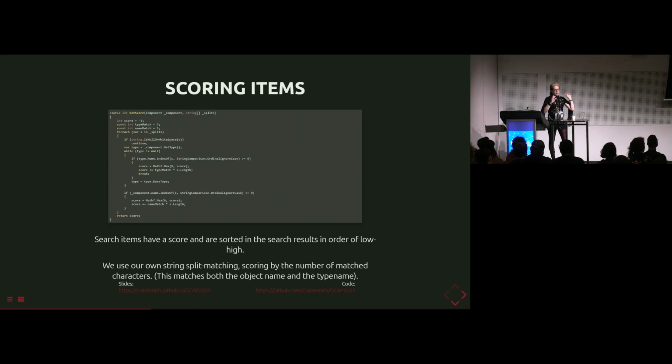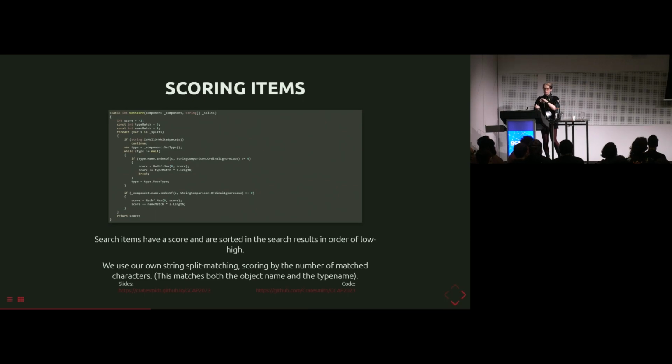Basically, like I said, I split the search string at the very start on white space, so you end up with every single word in the search text as another substring, and then I search through the type name of all the components and also the game object name of all the components for those words, those substrings, and then I score them by the length of those words.